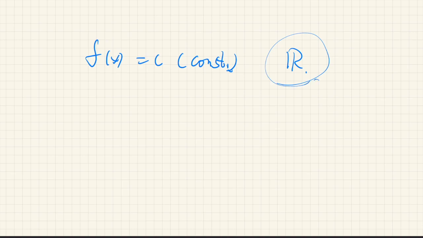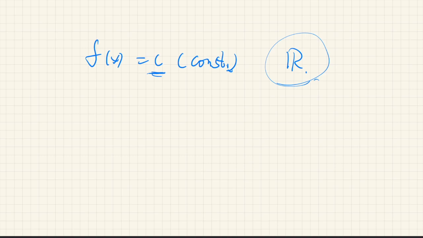Let's consider a somewhat extreme case where the function f of x is a constant, defined on the entire real line. So what is the maximum or minimum value of this function? This is a constant function, so it's always the same value.